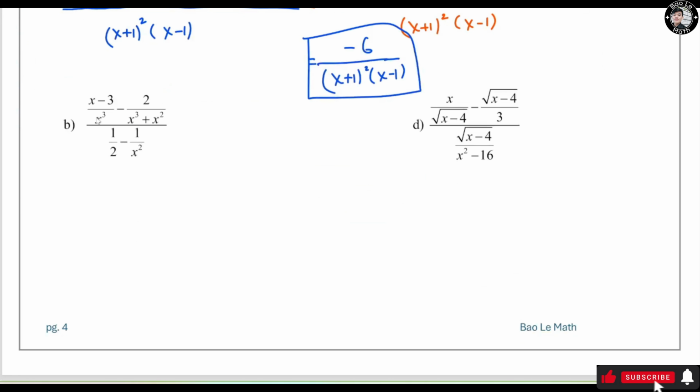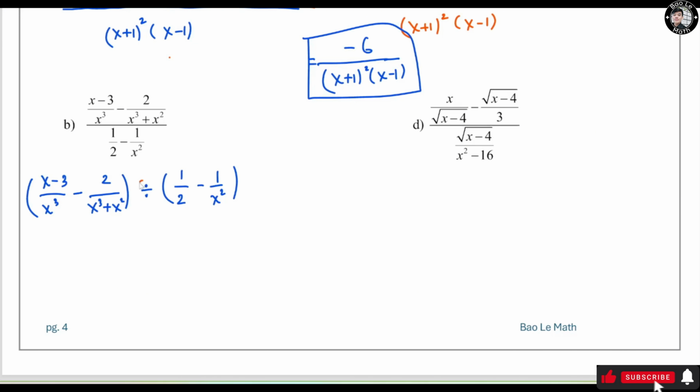Now question B, we need to rewrite this one as s minus 3 over s cubed minus 2 over s cubed plus s squared, divided by 1 over 2 minus 1 over s squared, like this, right?